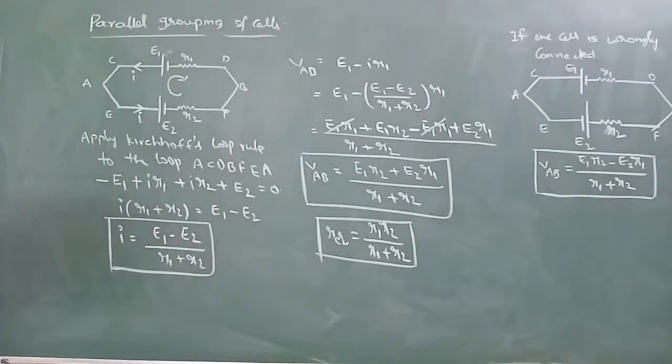Therefore, VAB, potential difference across the terminals of any cell, is equal to E1 R2 minus E2 R1 by R1 plus R2.